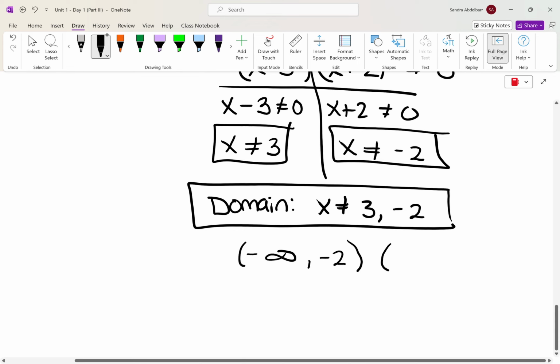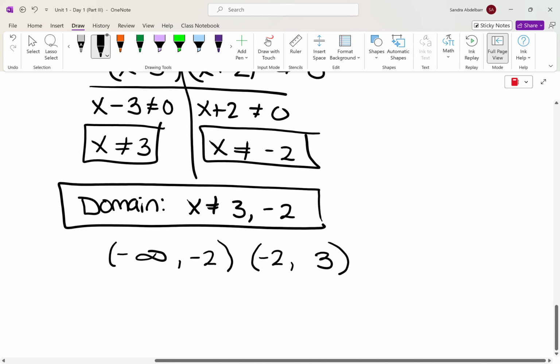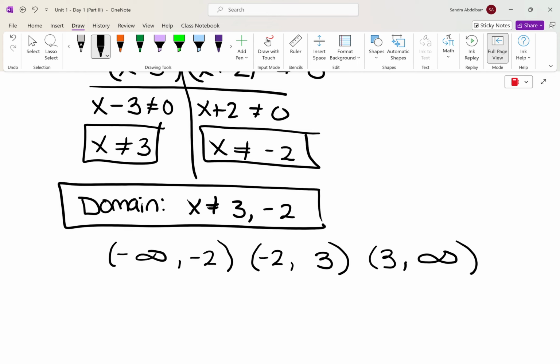Then we're going to go from -2, it's not included, all the way to 3. Also 3 is not included, but all the numbers in between are. Then we're going to go from 3 to +infinity. A lot easier just to say x can't equal 3, x can't equal -2, right?